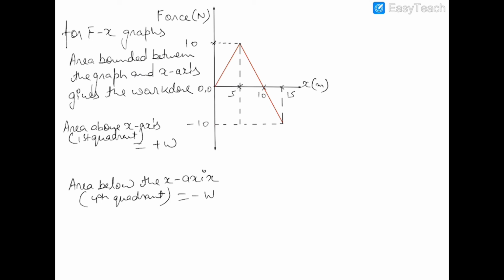Now why is this happening, that area above this displacement axis denotes positive work done and area below this axis denotes negative work done?